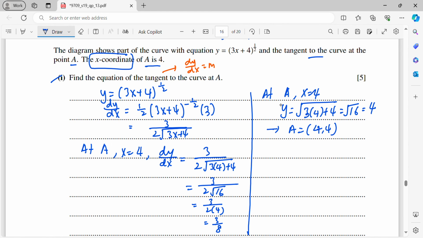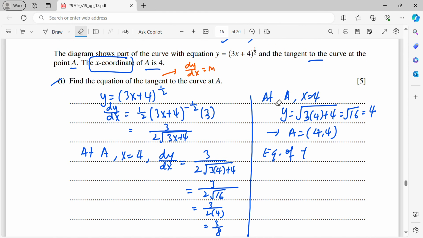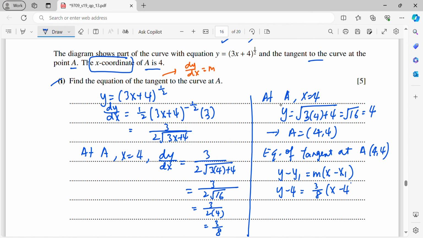Okay, and now the equation of the tangent at A (4, 4). The formula is y minus y1 equals m times (x minus x1). So it will be y minus 4 equals 3 over 8 times (x minus 4).